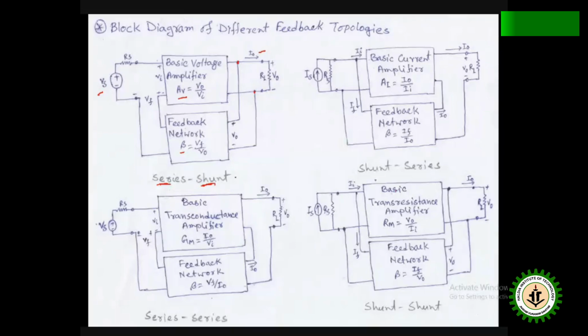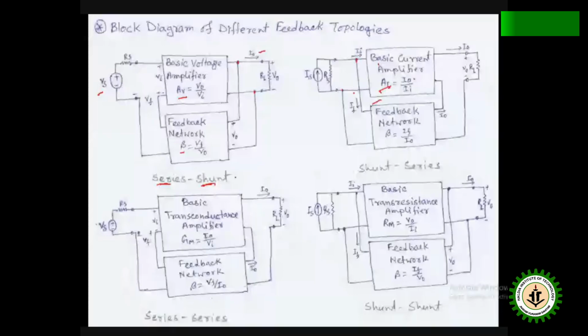Next, shunt series. That means series sampling, shunt mixing. So you see shunt mixing. In this case, we need to use basic current amplifier. The output current by input current is the gain AI. So here you see the mixer is shunt mixing.